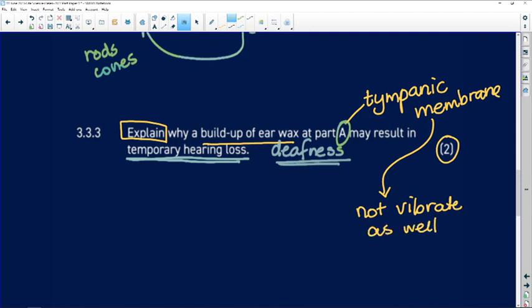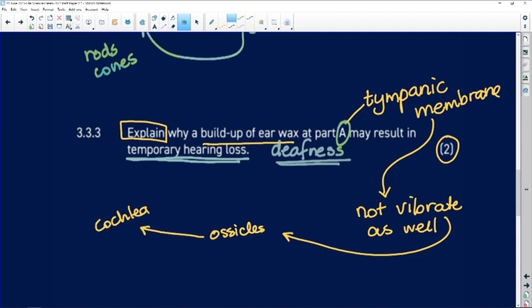And therefore, those vibrations are not passed on to the ossicles and in turn to the cochlea. And so if we don't have the air being vibrated, the ossicles then passing those vibrations on, we're going to get temporary hearing loss.